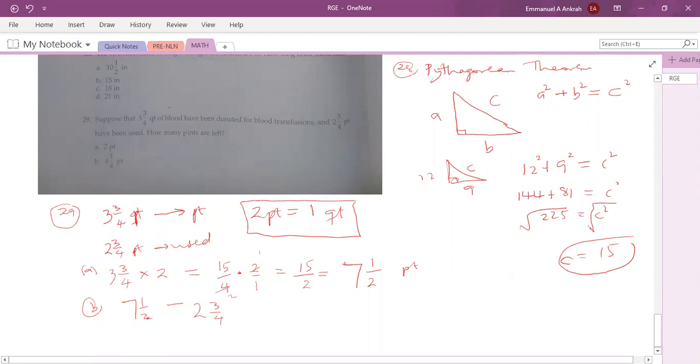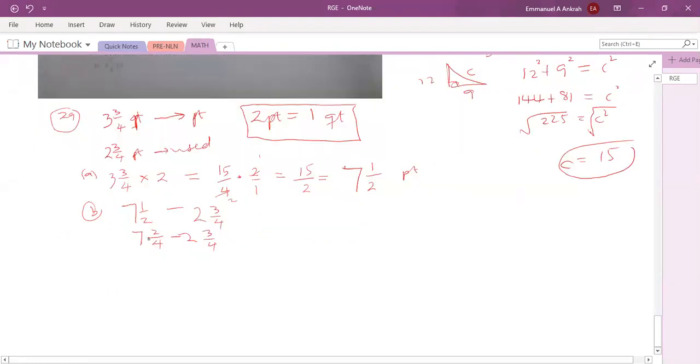Let's first start with the LCD, which will be 4. So this is 7 and 2/4 minus 2/3.